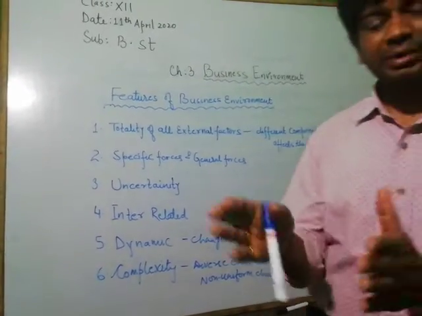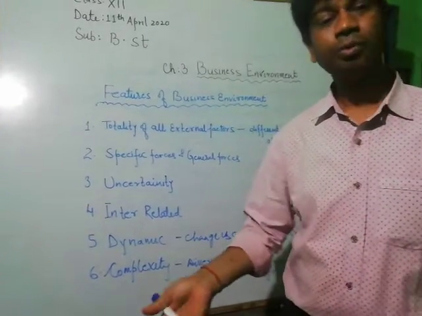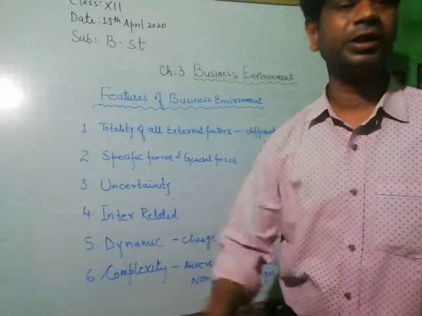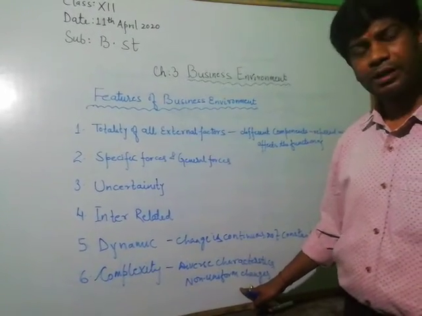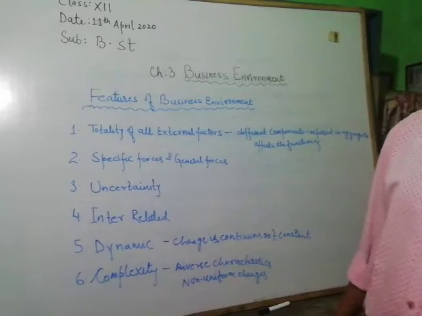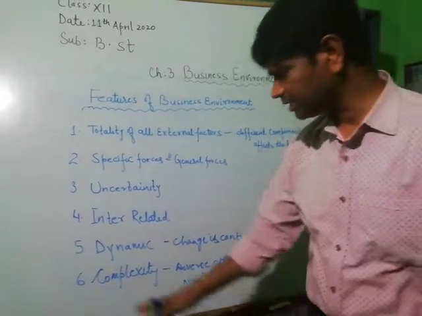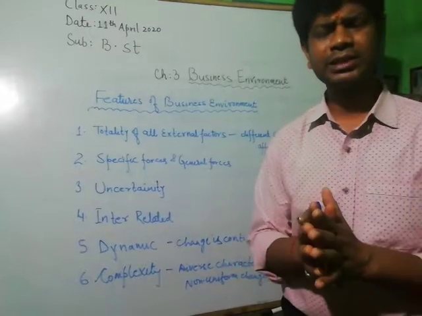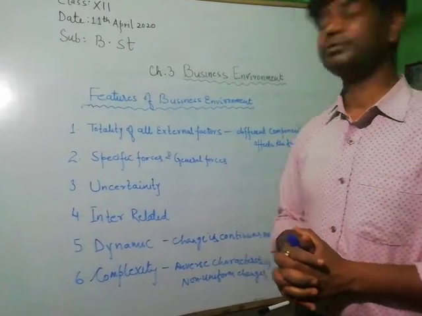Because if the government has reduced the subsidy, when would they reduce it next? It is very difficult to predict. So the change is non-uniform, and therefore it becomes very complex. The business environment tends to get very complex. It is very difficult to predict the nature of the changes.